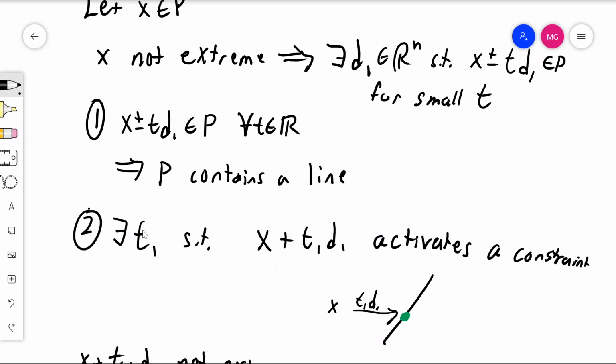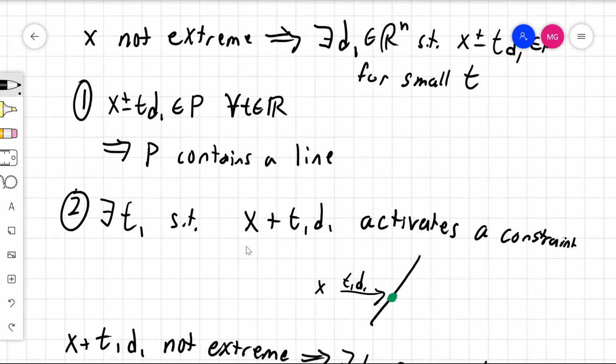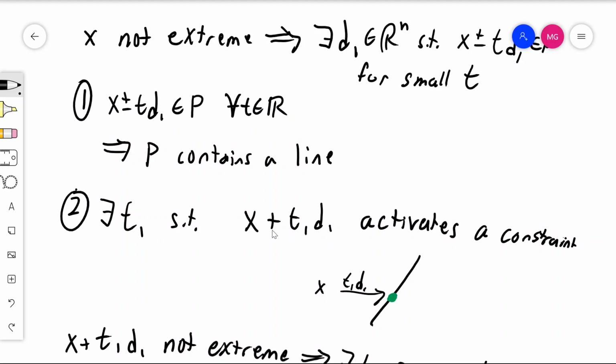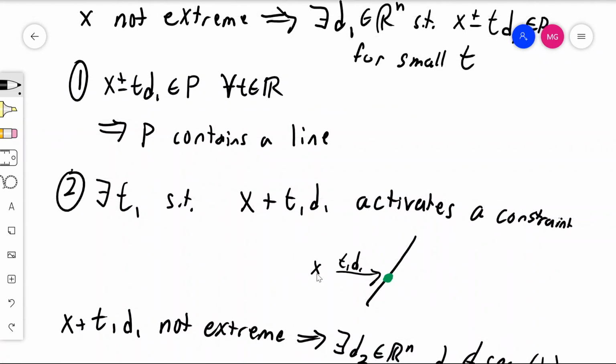So there's some value t1 such that once you go so far in the direction of d1, x plus t1 d1 activates some constraint. So we start at x, and we go in this direction of d1 scaled by some amount, and at some point you hit some boundary. And if you go any further, you're going to violate a constraint because you're crossing over the boundary, so you can't.